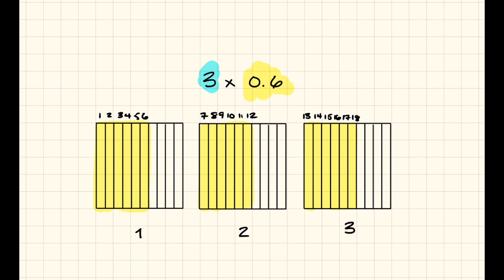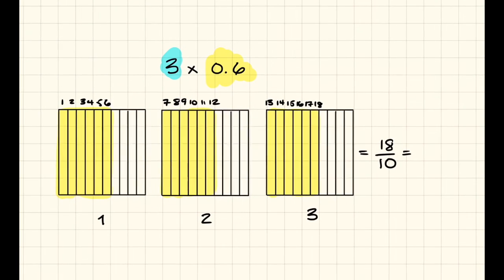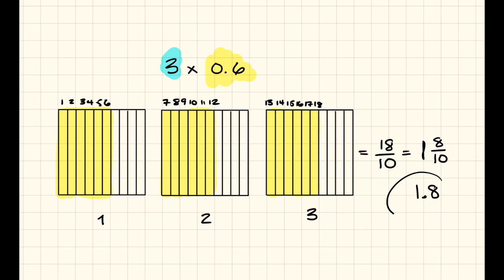So I have 18 total tenths, which written as a fraction would look like this. But what would that look like as a decimal? Well, I could start by turning it from an improper fraction to a proper fraction, which would be how many groups of 10 are in 18. That would make one whole, and then there are 8 tenths left over. So 1 and 8 tenths, or 1.8 as a decimal.